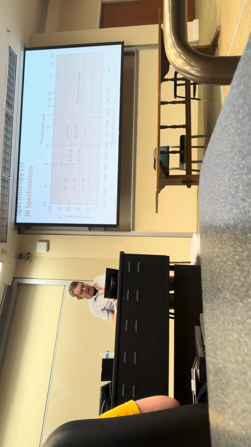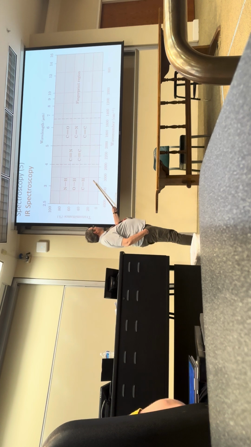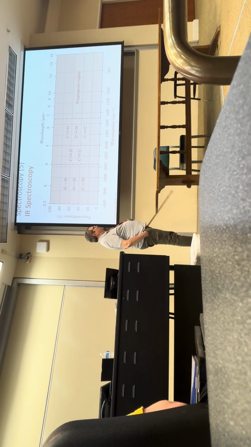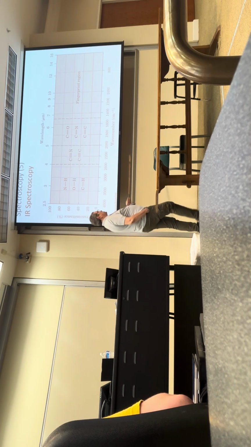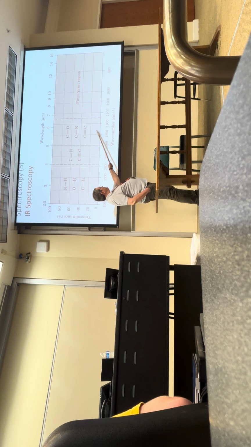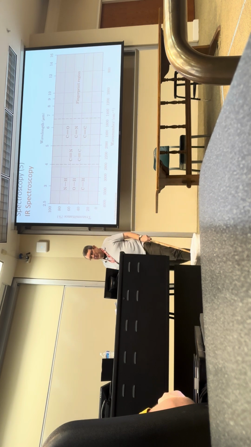So this is a little bit more of a complicated picture here, but OH tends to be over here, CH tends to be over here a little bit, NH is actually kind of in between. Carbonyl groups, again, are the strongest thing you see around 1700. Carbon-carbon and carbon-nitrogen double bonds are nearby.